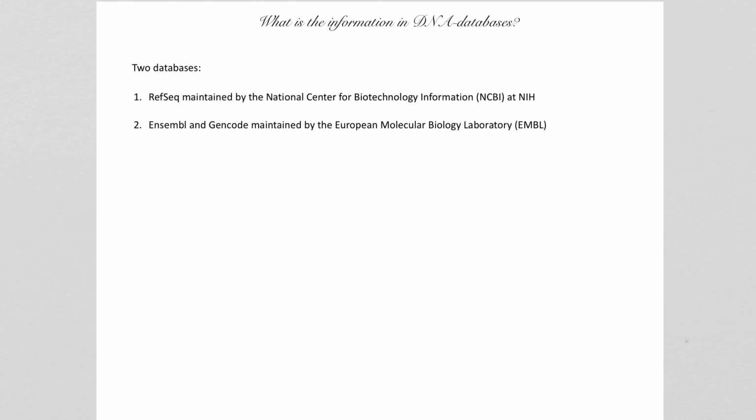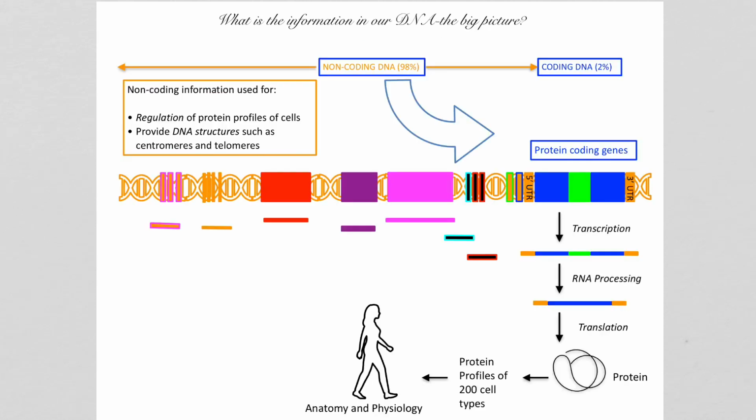So if you're interested in knowing about all the information in the 46 chromosomes, there are two databases. One is called RefSeq. It's maintained by NCBI at NIH. And the other one is maintained by the European Molecular Biology Lab, and one of them is called Ensembl, and the other one is called GENCODE.